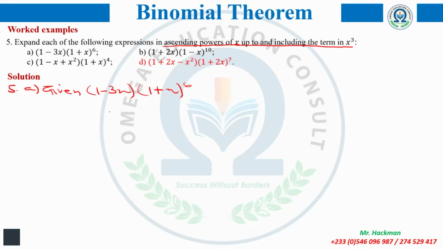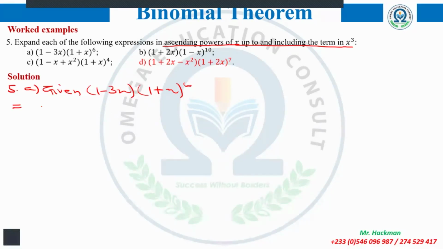You can see that the first factor doesn't need any expansion. It is the second factor that we need to expand, true or false? True, right? So in that case, you maintain your first factor, so you write 1 minus 3x.